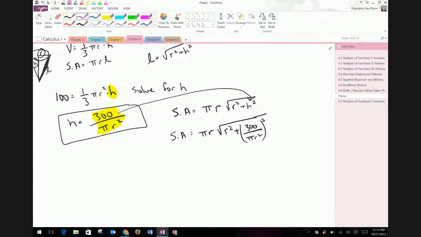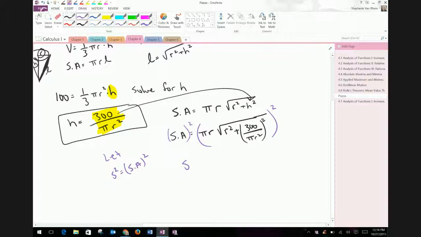The little trick we can do is to square both sides here. The minimum of a function that's being squared is going to be at the minimum of the original function. So let's call s the surface area squared.